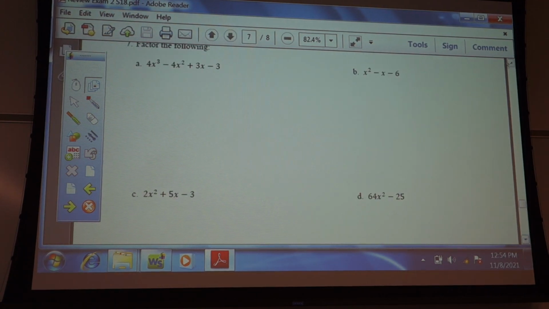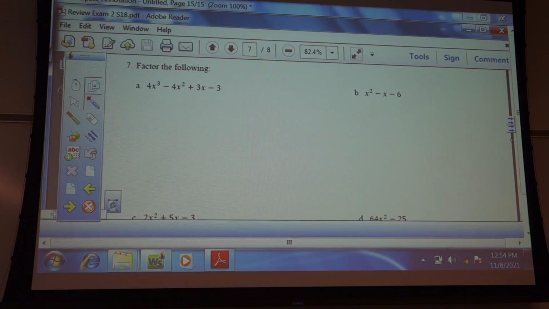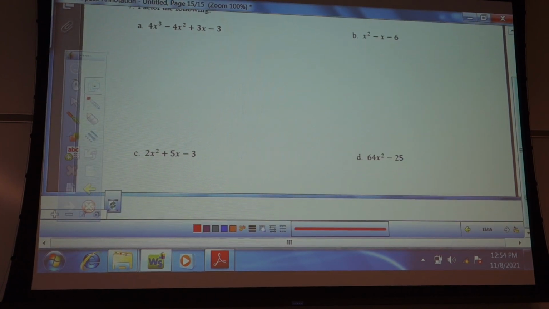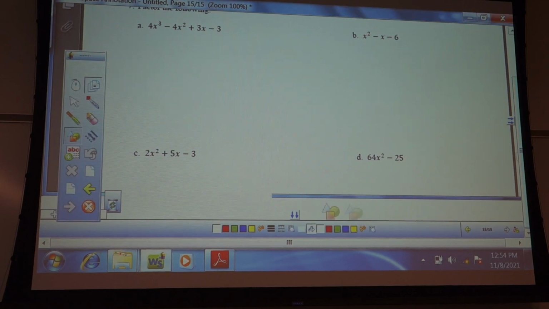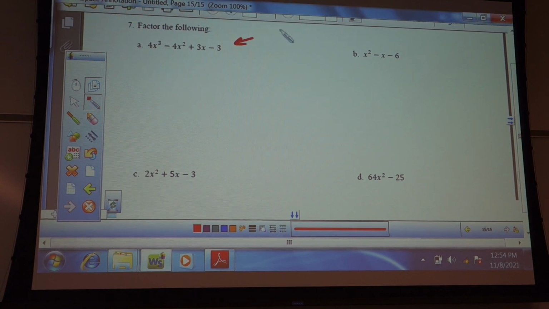Some good factoring. Anytime you see four terms, split it into two. That's going to be factor by grouping.